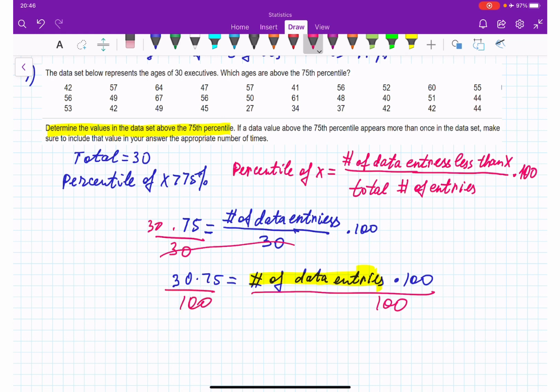So what am I going to get? This 100 and this 100 are gone. Here I will get 2,250 divided by 100 is equal to the amount of data entries. Yes?